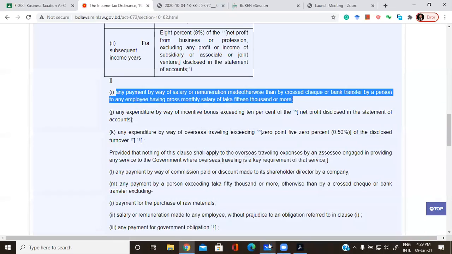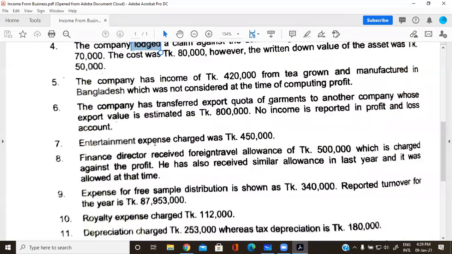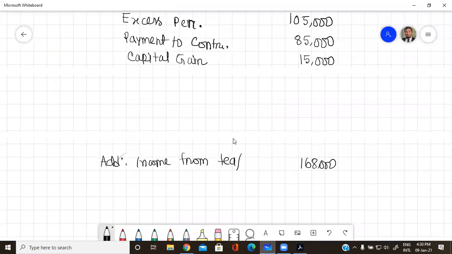Okay. Next, this one. The company has transferred export quota of garments to another company whose export value is estimated at 800,000. No income is reported in the profit and loss account. What do we need to do? We need to take 3% of the export value and show it as income, right?